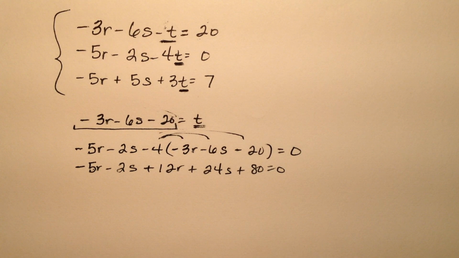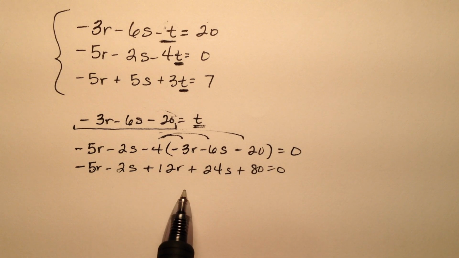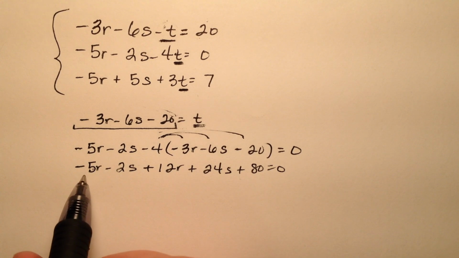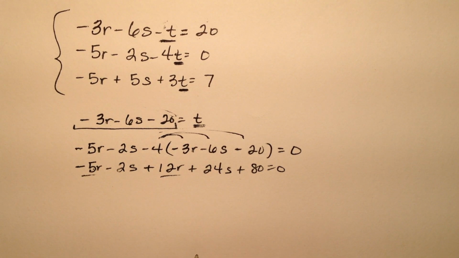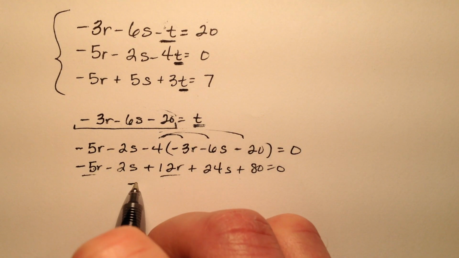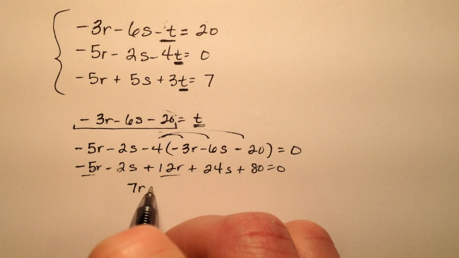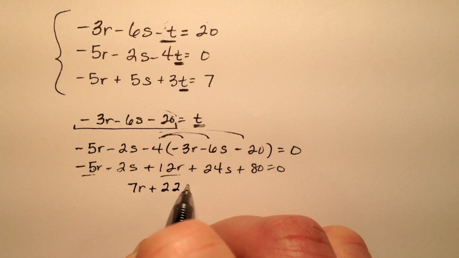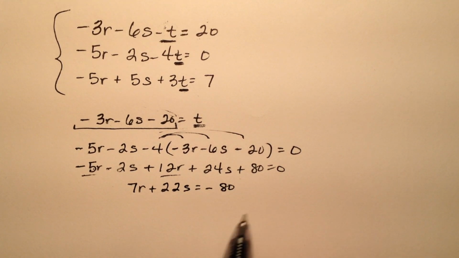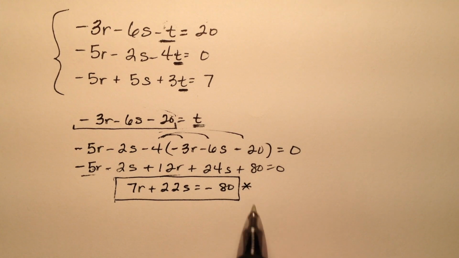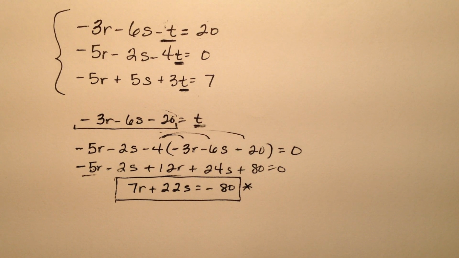I want to write this in standard form where I have the r and the s on the left side together and then the constant over on the right side. So negative 5r and positive 12r will make 7r. Negative 2s plus 24s will be plus 22s, and that will equal a negative 80. So here is one of my equations that I'm going to use.